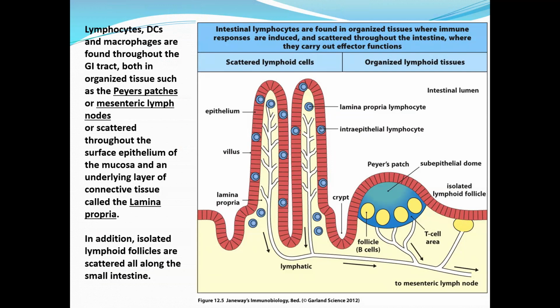So if we do a cross section of the small intestine, you have, as you learned already, these enterocytes, which are primarily involved with digestion and absorption of nutrients from food. This is the lumen of the gut. In the underlying tissue, in the basement membrane, you have the lamina propria, which is filled with the usual immune cells like NK cells, T cells, T helper cells, B cells, and so on.